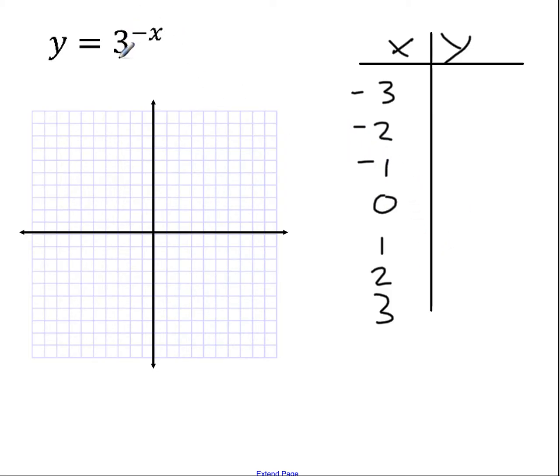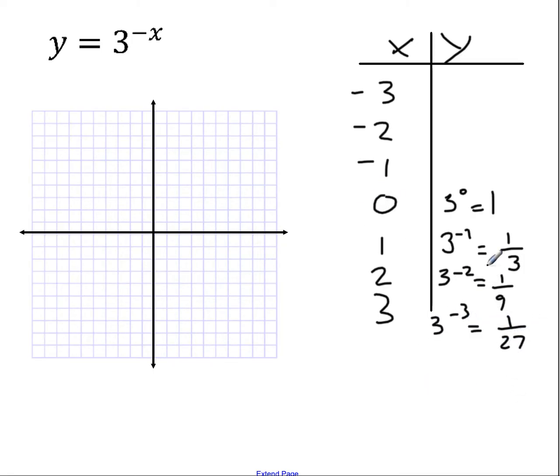That's always the easiest one. 3 to the negative 0 power is 3 to the 0 power, which is just 1. All right, I'll do the positive values. Those are usually easier. 3 to the negative first power is 1/3. 3 to the negative second power is 1/9. 3 to the negative third power is 1/27. This looks like it did before, except that before, I had the negative values on the bottom and the positive values on the top.